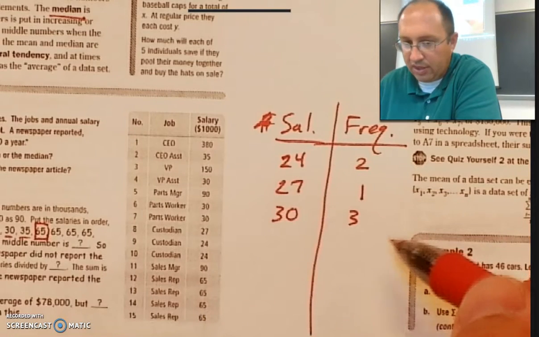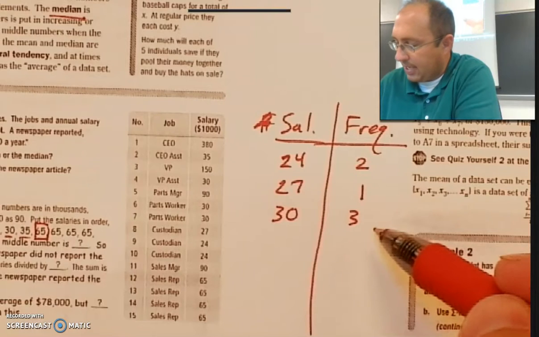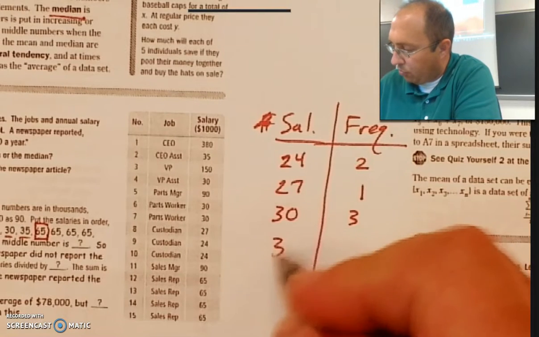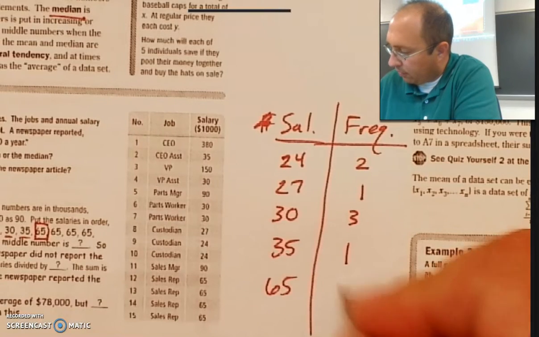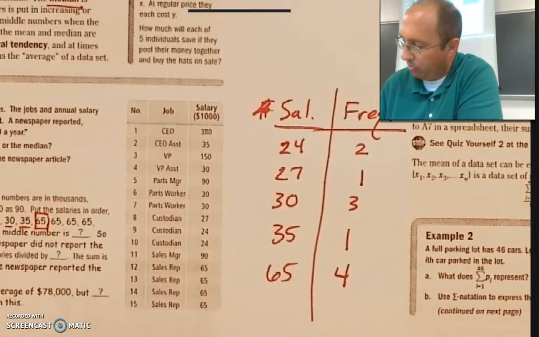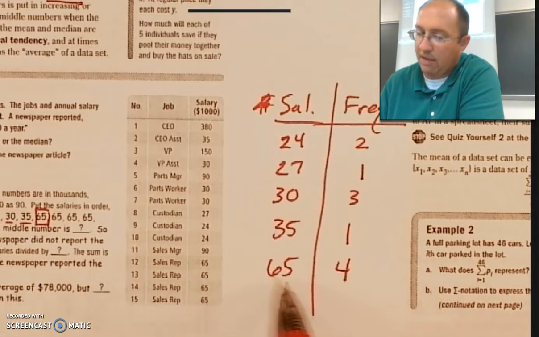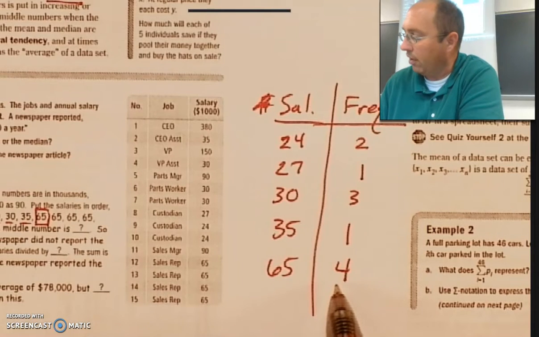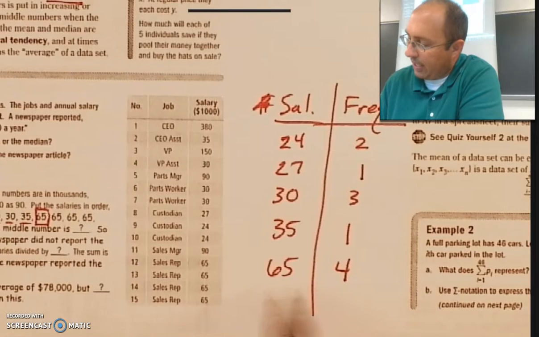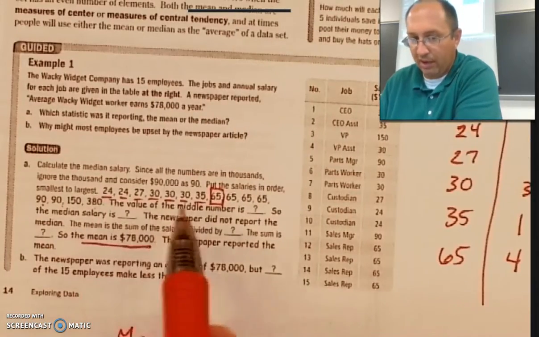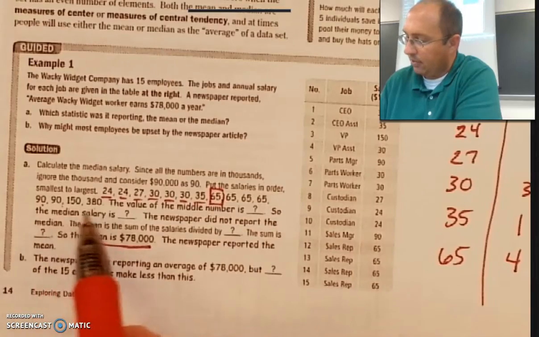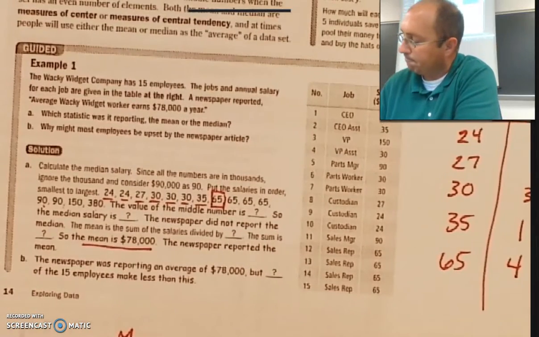Okay, so hopefully you get the idea that a frequency table could have been used to illustrate the information of the 15 different employees. It doesn't mean that you just have one $65,000 salary. There are actually 4 people that have that salary. So try to make yourself a connection between this kind of table and this kind of information where you've written them all out, because that's a necessary thing in some situations to find the median.